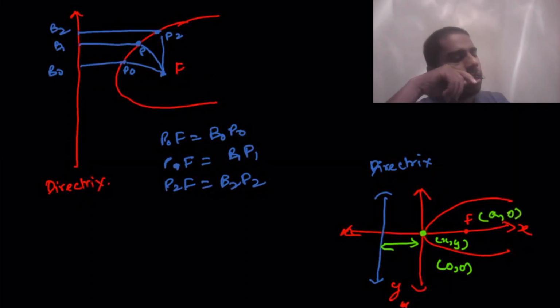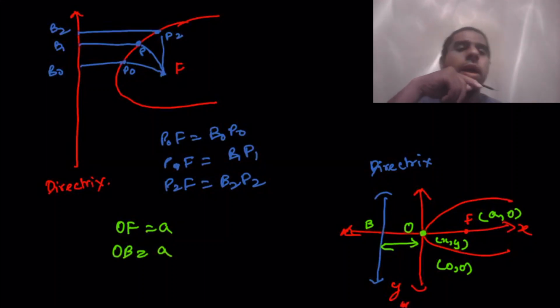By the definition of the parabola, we know all the points on the parabola are equidistant from the fixed point, the focus of the parabola, and the directrix of the parabola, right? Since OF, with O the origin, is equal to a, then for this point, let it be B, OB should also be a, right?